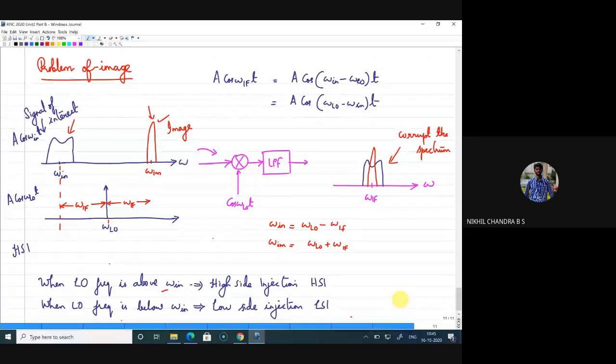You may have a doubt on that because here you will get omega in plus or minus omega LO, but I'll get only omega LO minus omega in because there is a low pass filter. Yes, sir. Because the idea is, in a receiver we generally prefer down conversion because we want to move from the higher frequency to lower frequency for the baseband operation.